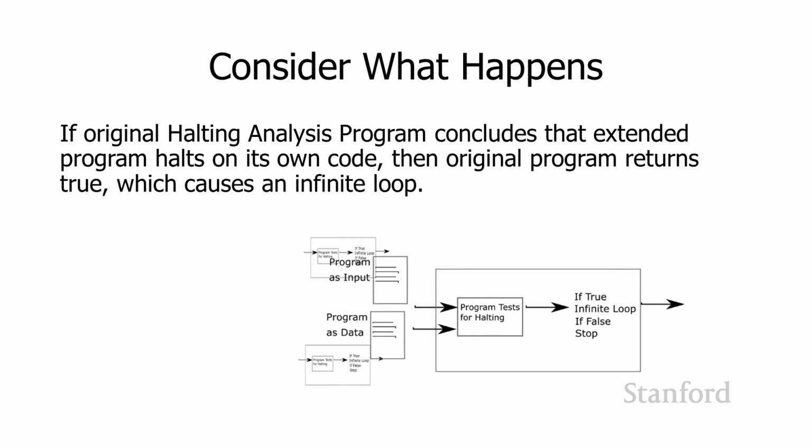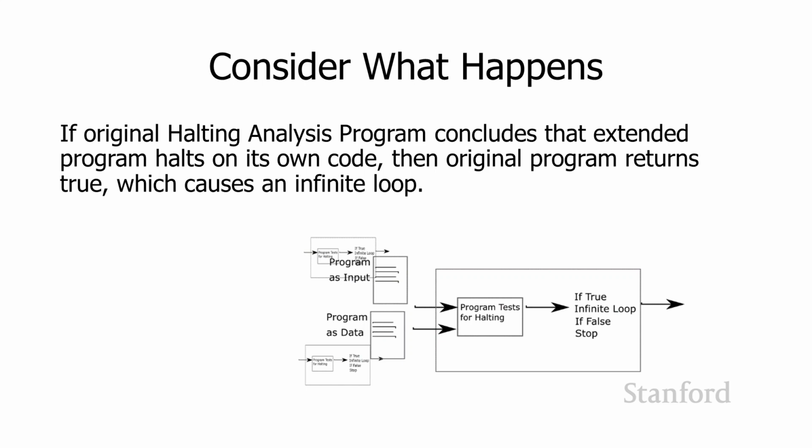If the original analysis program concludes that the extended halting program halts on its own code, then that original program is going to return true because it says, this will in fact halt. But then we added in that extra code that tosses it into an infinite loop.